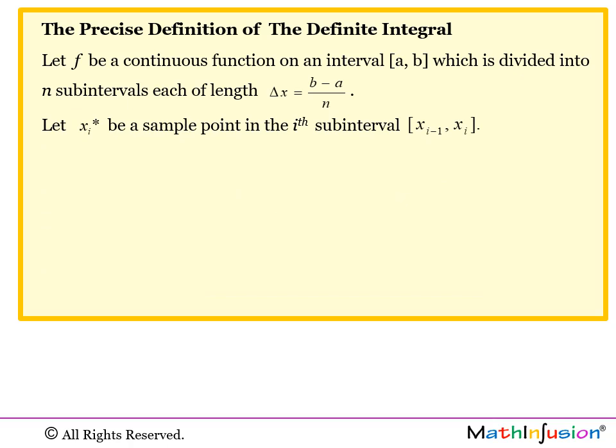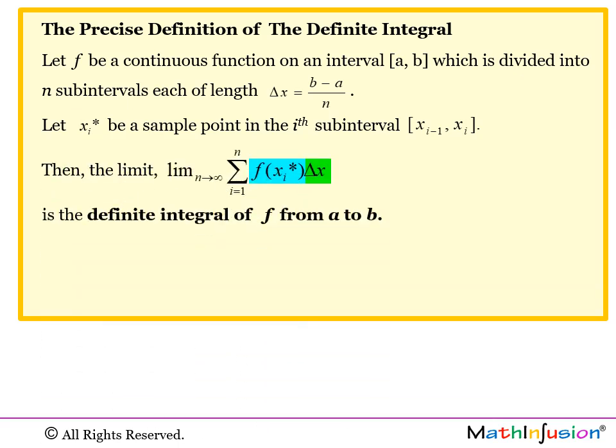Let x sub i star be a sample point in the ith subinterval, x sub i minus 1, x sub i. Then the limit as n approaches infinity of the sum from i equals 1 to n of f of x sub i star delta x is the definite integral of f from a to b. We write the integral of f(x) dx from a to b.